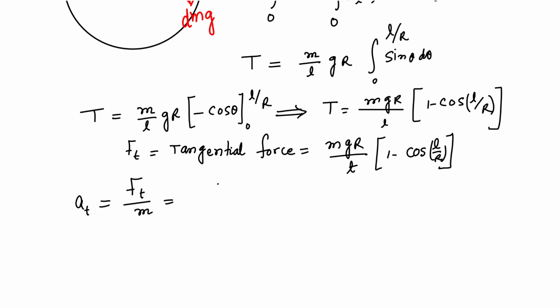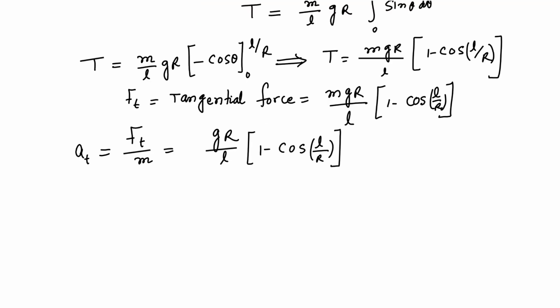So this will be simply gR by L, and this is L, not T. The m cancels out, so gR by L times 1 minus cos L by R. So this will be the tangential acceleration.